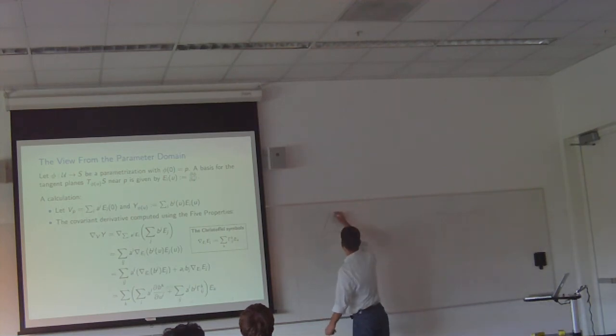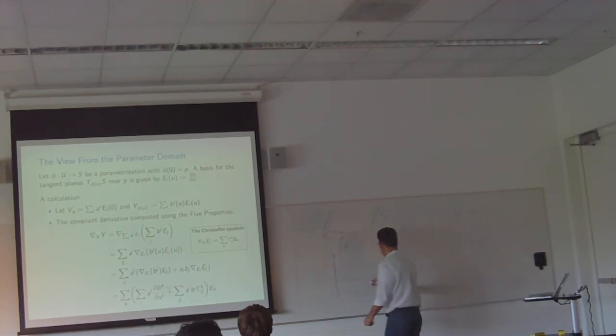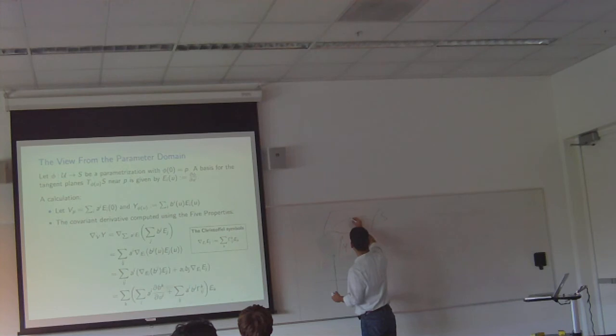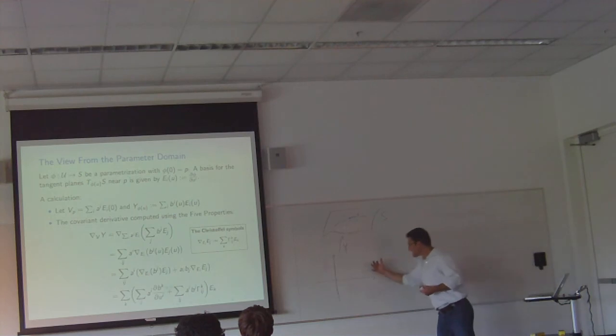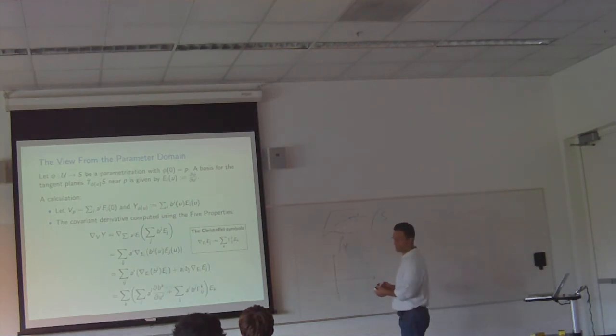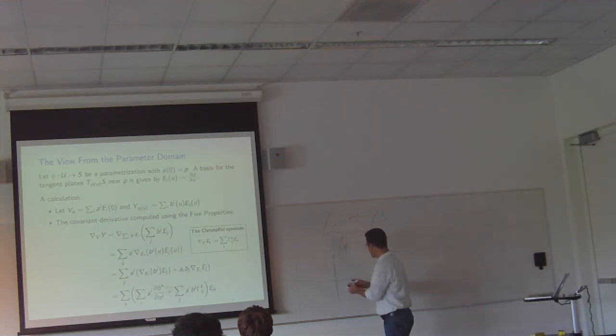The situation is we have our surface and we have our parameter domain. Up top we have a curve, a vector, and a vector field. Downstairs you have all the same stuff, except it looks a bit different because it's been pulled back into the parameterization. Down in the parameter world, you have a subset of R2, since the parameter space is 2-dimensional.